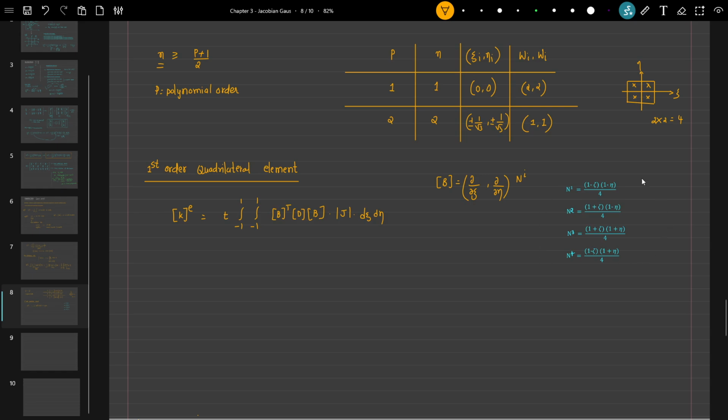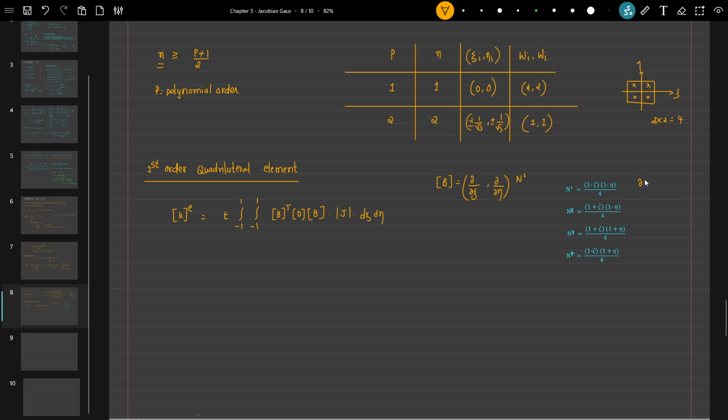So we know the shape functions of the first order quadrilateral element, and when we try to get the derivatives of this, for example, if we take dou n1 by dou zeta, we'll have eta after the derivative. Dou n2 by dou zeta will similarly have eta terms, because this will become 1, and this will remain the same because we are taking the partial derivative.